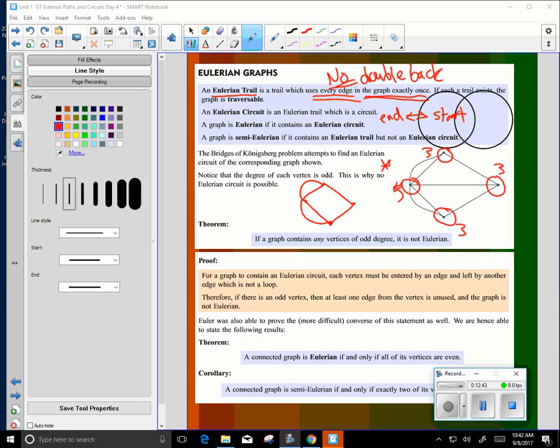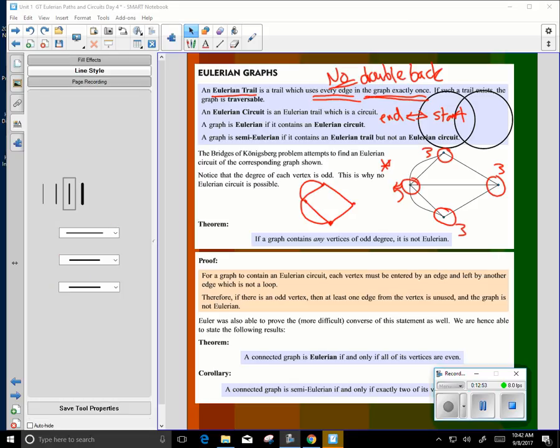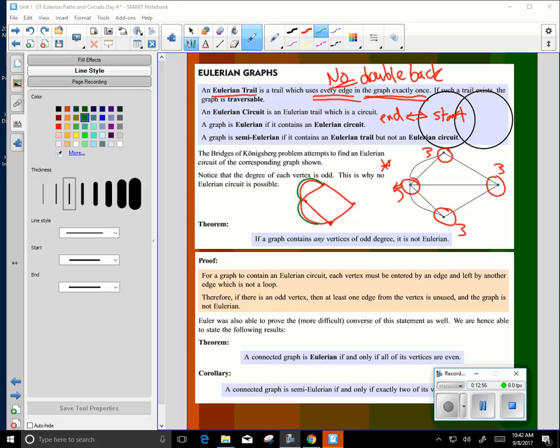Now this is even. Is this Eulerian? This one is 3, 4, 3, and if you go boom, boom, I think you can still traverse this one, can't you? Yeah. So when we say Eulerian, okay, we hit each one each time, but it's not going to be a circuit. So the graph being Eulerian refers to it being a circuit.